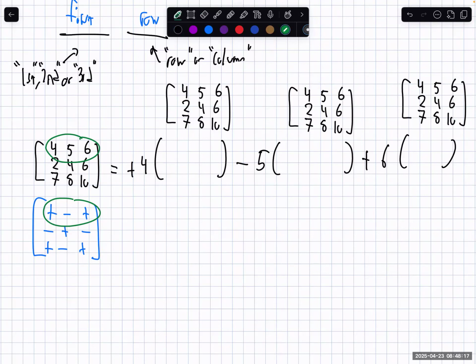Okay, I cross out 4's row and 4's column, and I copy that 2x2 matrix into the slot. Cross out 5's column and 5's row.